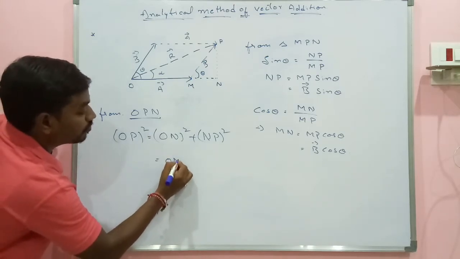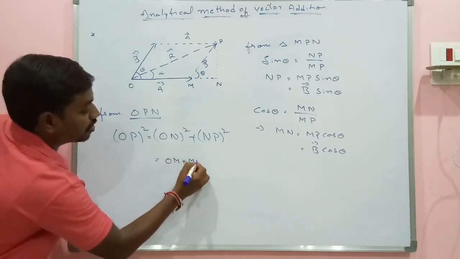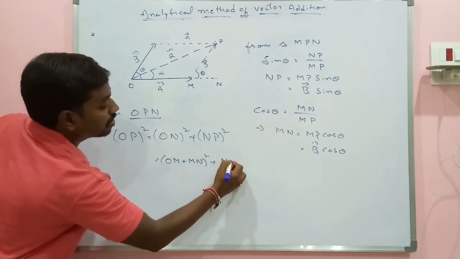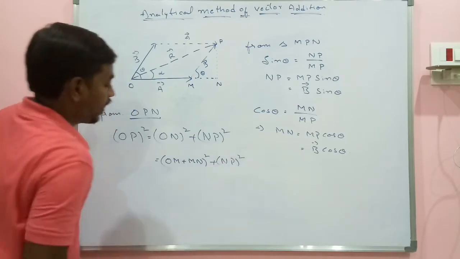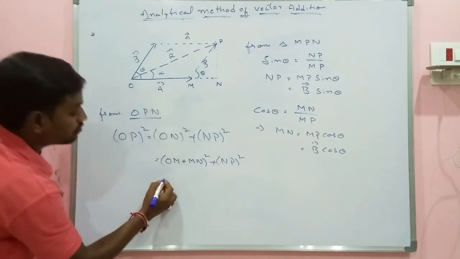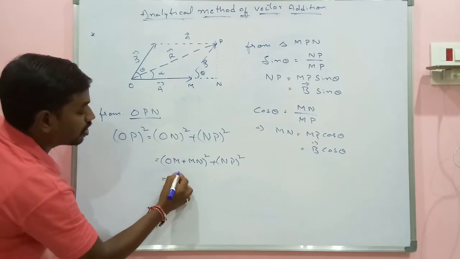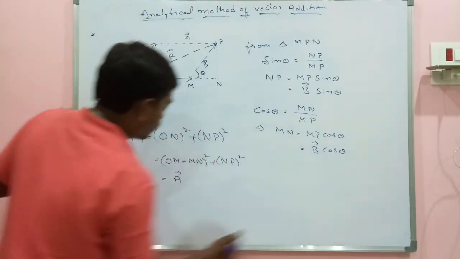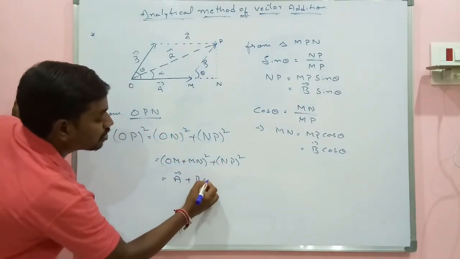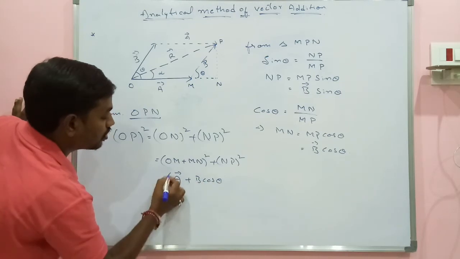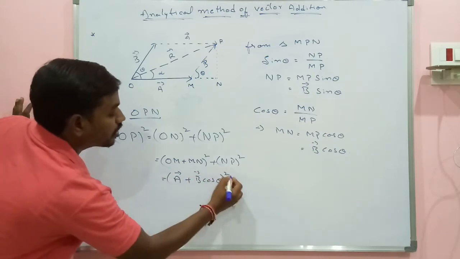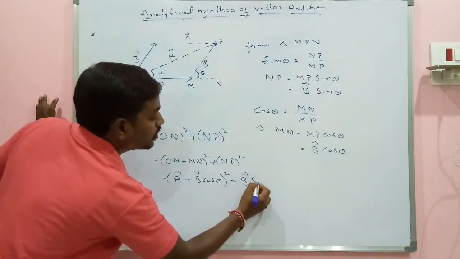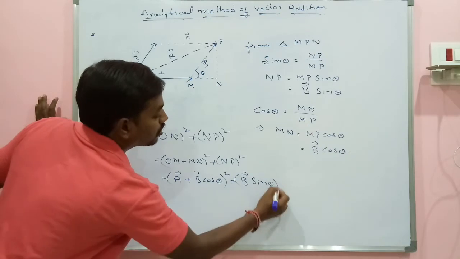So OM plus MN whole square plus NP square. OM is nothing but vector A. MN can be written as B cos theta, so A plus B cos theta whole square plus NP, B sin theta whole square.